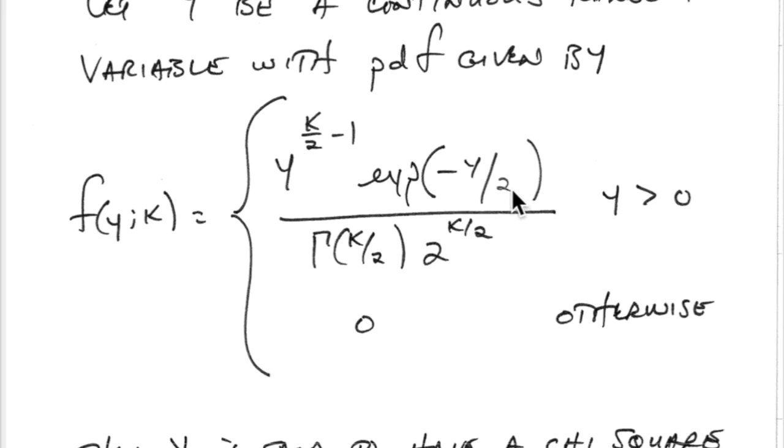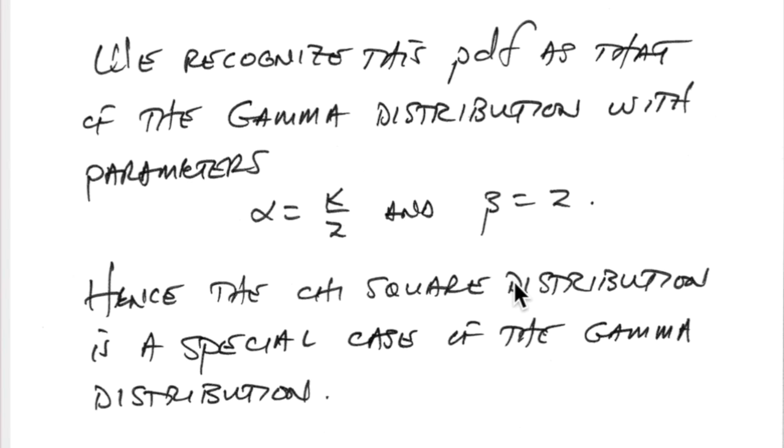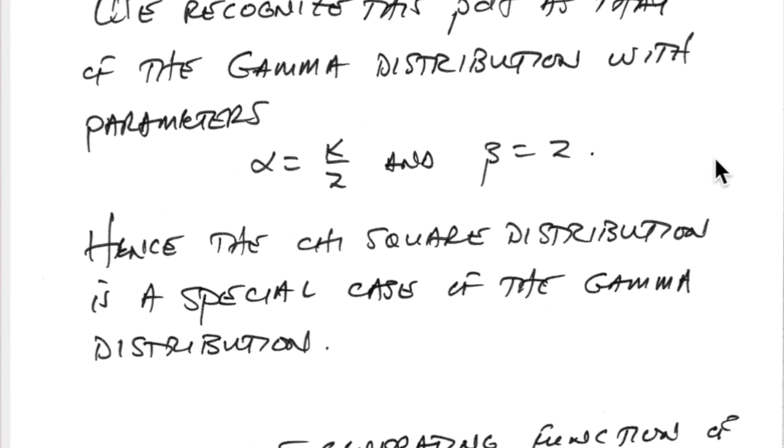And then for beta, we have 2. And so we see that the chi-square distribution with k degrees of freedom is the same as a gamma distribution with parameters alpha equal to k over 2 and beta equal to 2. So the chi-square distribution is a special case of the gamma distribution.